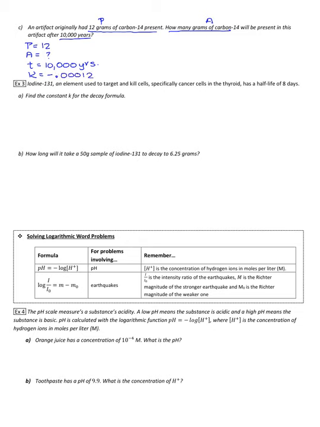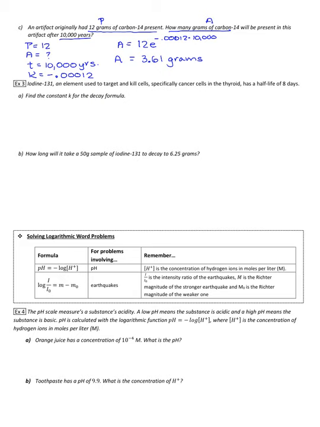So this one's going to be a straight plug and chug. So e to the negative 0.00012 times 10,000. So you just plug that in very carefully on your calculator, and you should get about 3.61 grams.